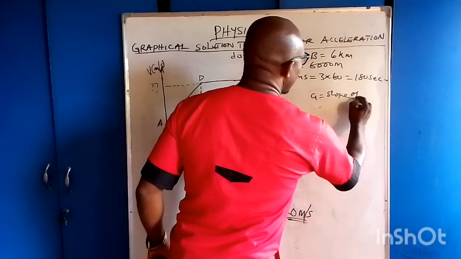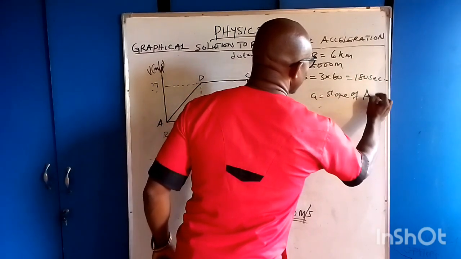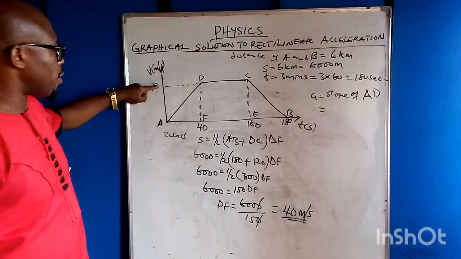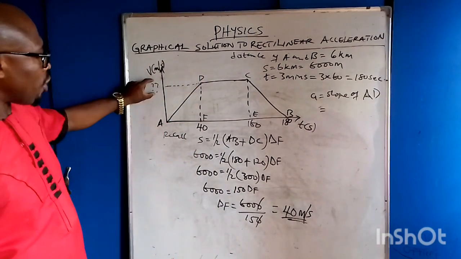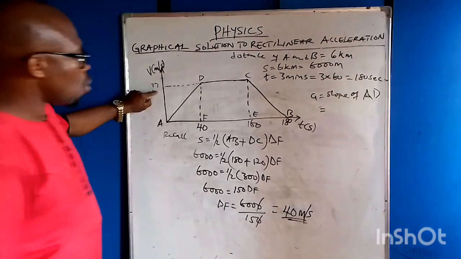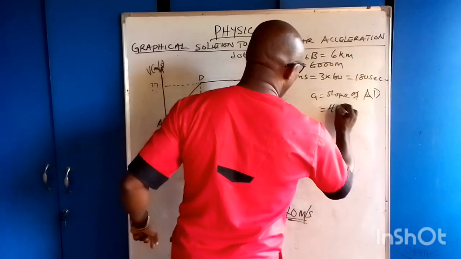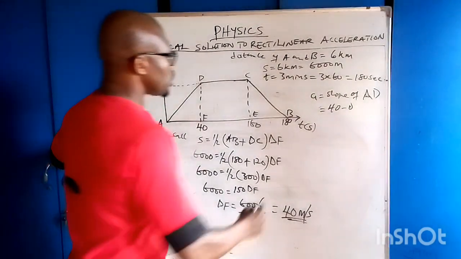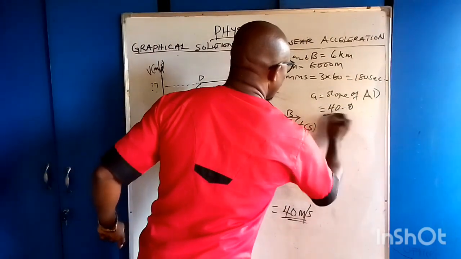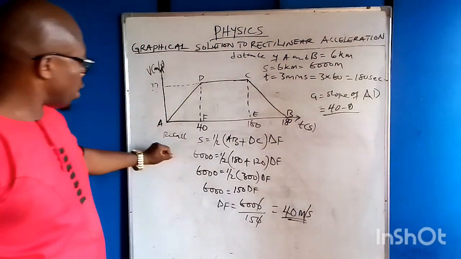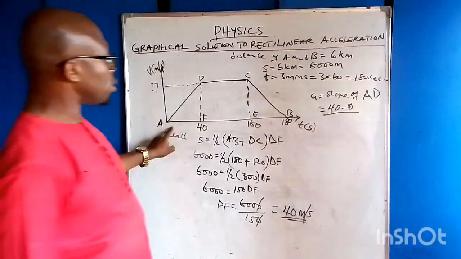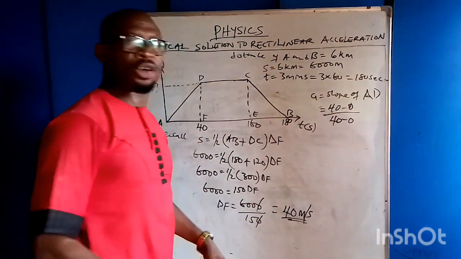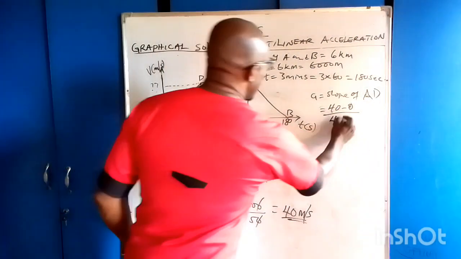Slope of AD will give us what we have here minus what we have here. Having gotten here, we now have this value to be 40. So we have 40 minus 0 all over 40 minus 0. This minus this here is 0. 40 minus 0 will give us, well, we'll cancel this.